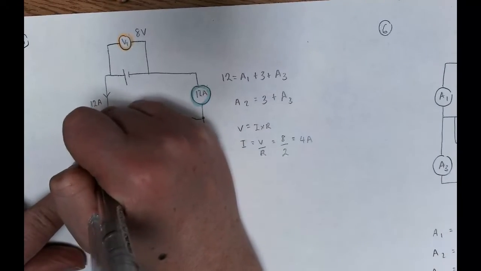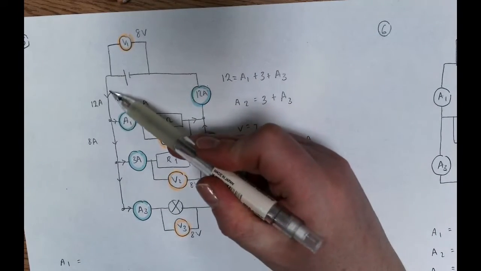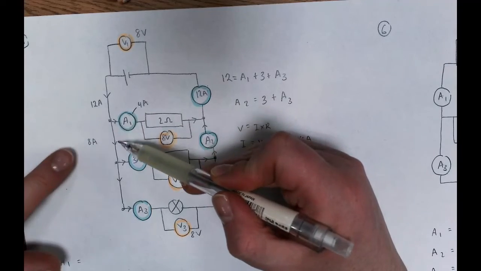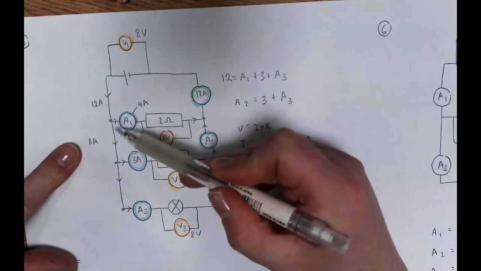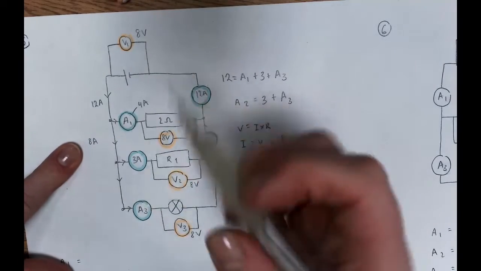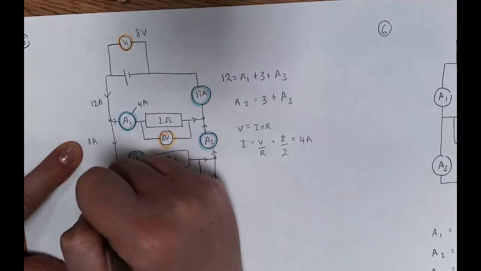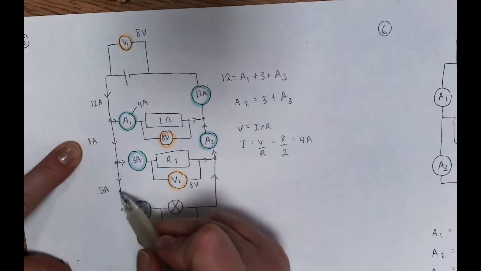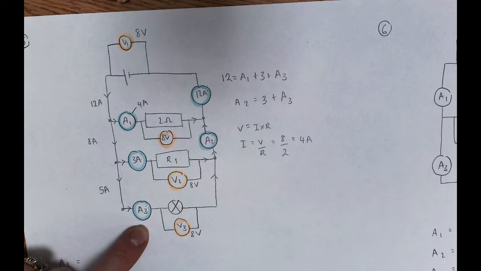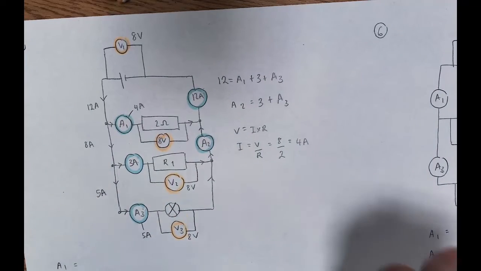I must have 8 amps flowing down here, because I had 12, 4 split into this branch, I have 8 moving down. 3 move into the second branch, 3 amps, and so what I have is 8 has split into 3 plus A3. So I must have 5 amps travelling through this ammeter here. So A3 must read 5 amps.